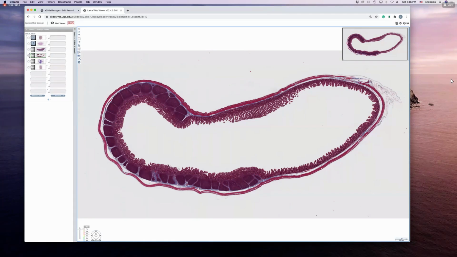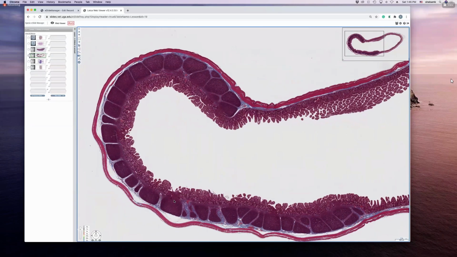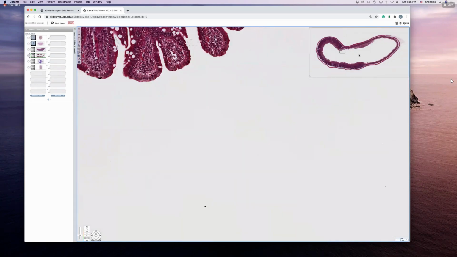You will be able to see antigen presenting cells right here in this region where you don't have villi on top. These projections are villi, which are specific to the small intestine, but where you don't see the villi, you're supposed to see some antigen presenting cells.